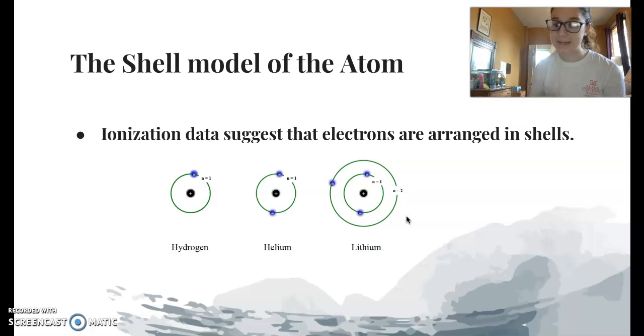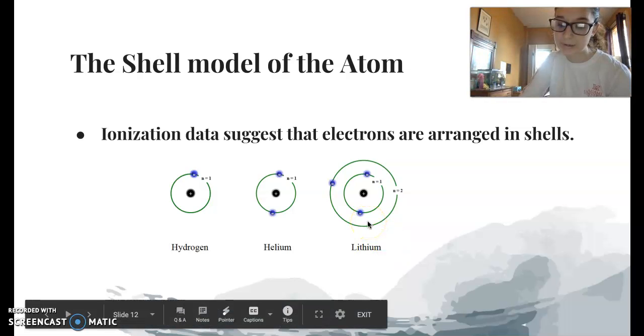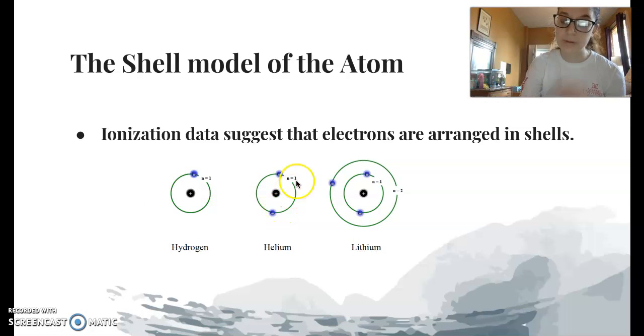Each shell has an exact set distance from the nucleus, so the electrons that remain in a given shell of a neutral atom are always the same distance from the nucleus. So it requires much less energy to remove the most loosely held electron in lithium because the distance is greater, and the n equals 1 shell we know can only hold up to 2 electrons.